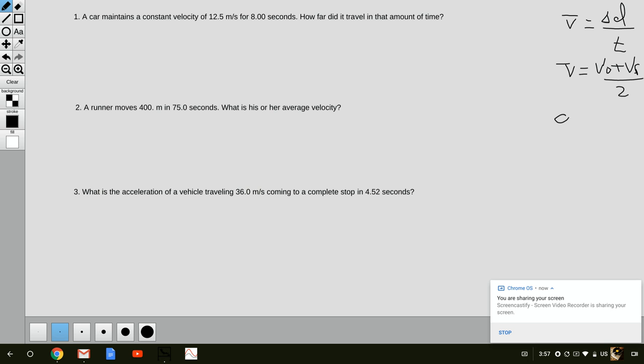And then acceleration is equal to change in velocity over time. That one is also equal to v final minus v initial over time. I just wrote it that way to save room. And as you recall, that one can be rearranged to be this.